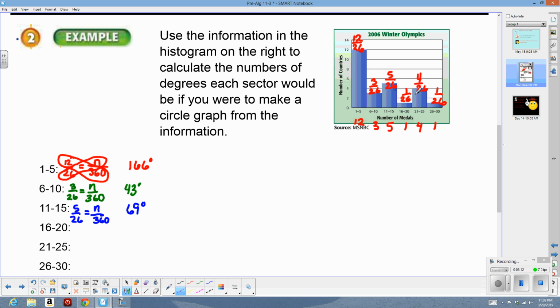The 16 to 20 is 1 out of 26. So 1 over 26 equals n over 360. And then you go through and you solve that proportion, and you end up with about 14 degrees.